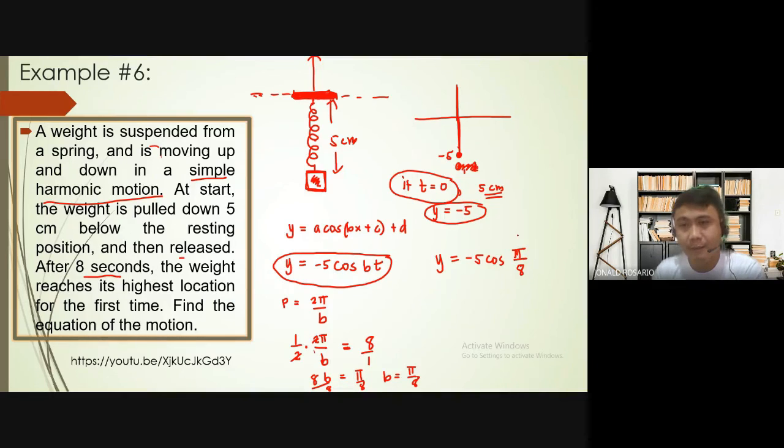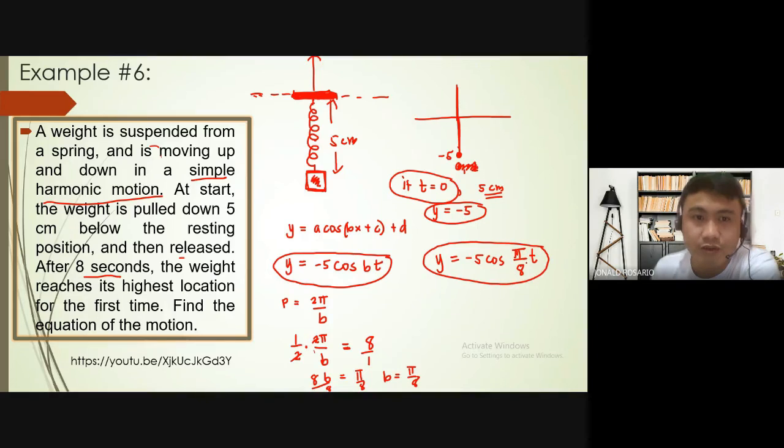Okay, so ibig sabihin, yung ating b times t, ano yung ilalagay natin sa b times t? Pi over 8 times t, di ba? Tama ba, Jelis? Yes, sir. Okay, so ibig sabihin, this is our equation, correct? This is the equation.